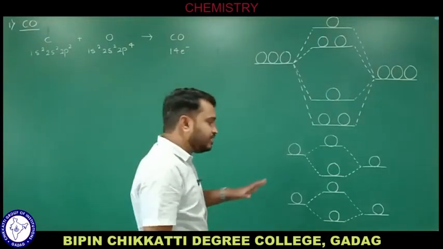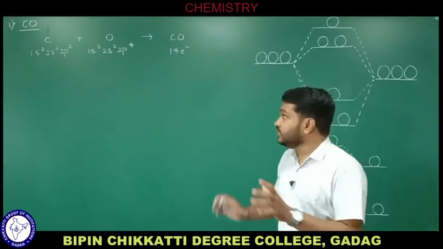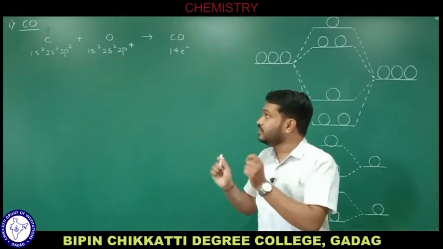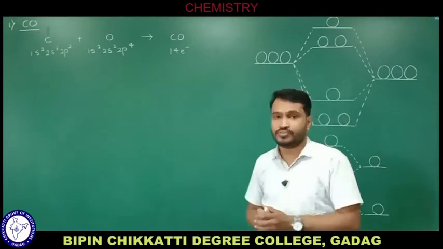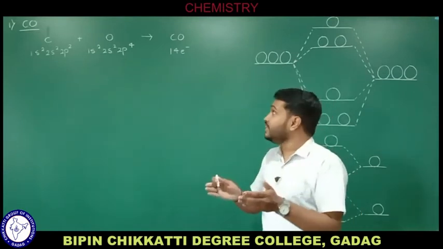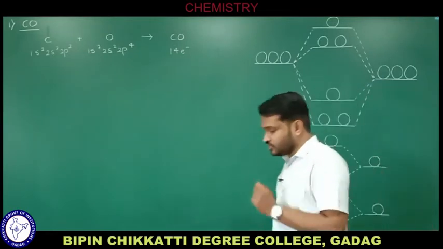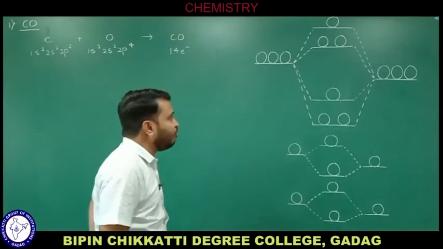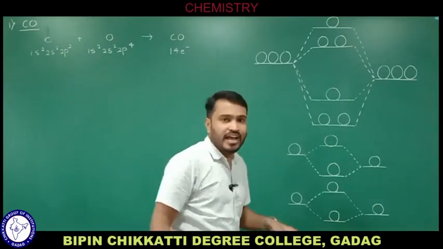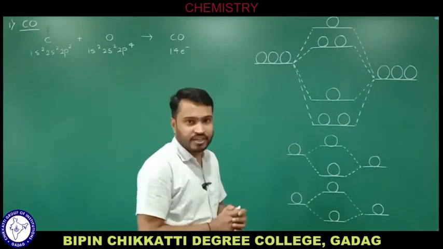Try to understand, the carbon monoxide molecule contains 14 electrons, 6 from the carbon atom and 8 from the oxygen atom, so totally 14 electrons we have. These 14 electrons have to be distributed in molecular orbitals. So just observe the energy level diagram of carbon monoxide, and this is not the same as what we used to draw for homonuclear molecules.